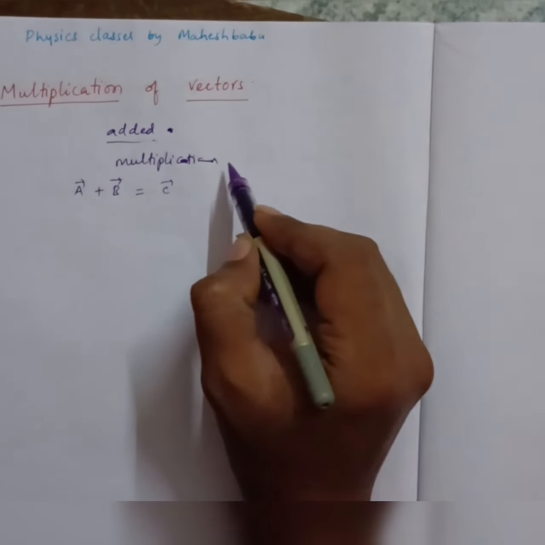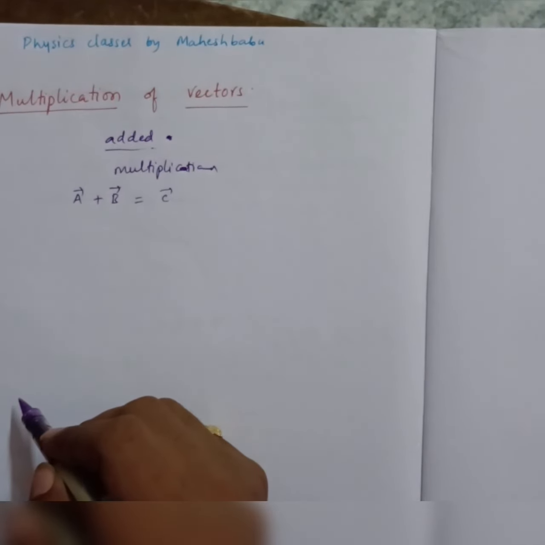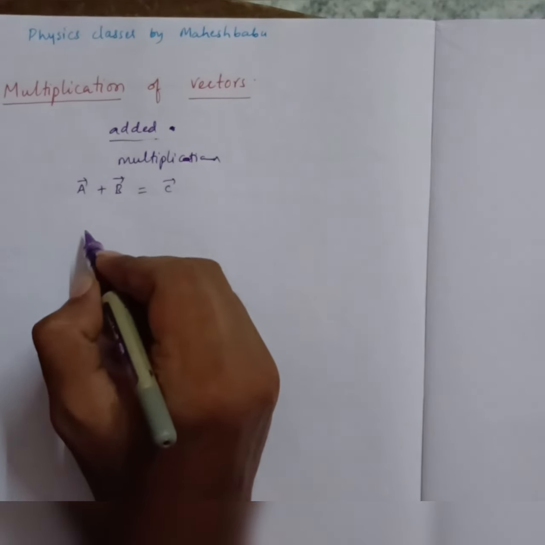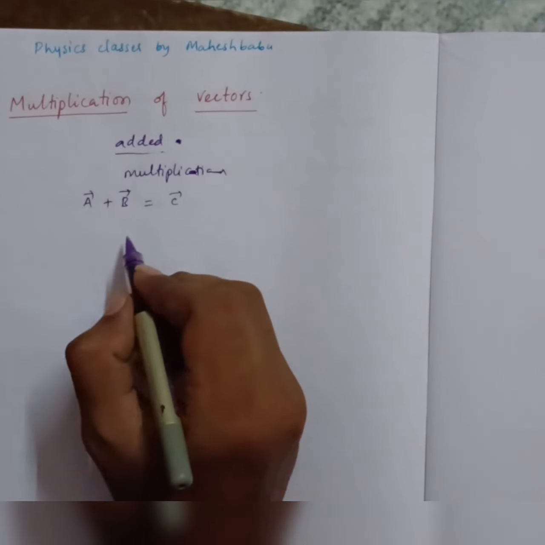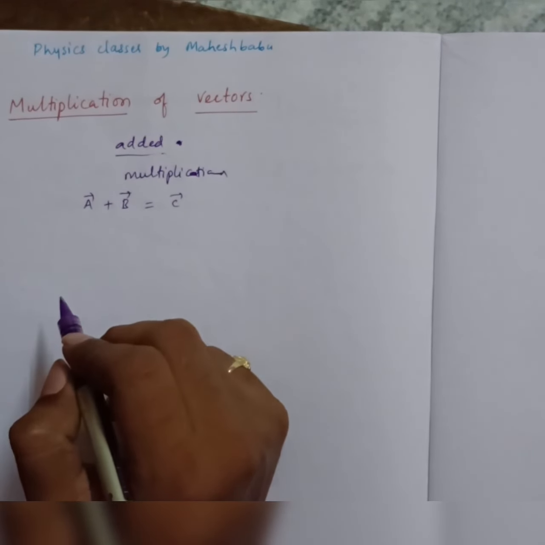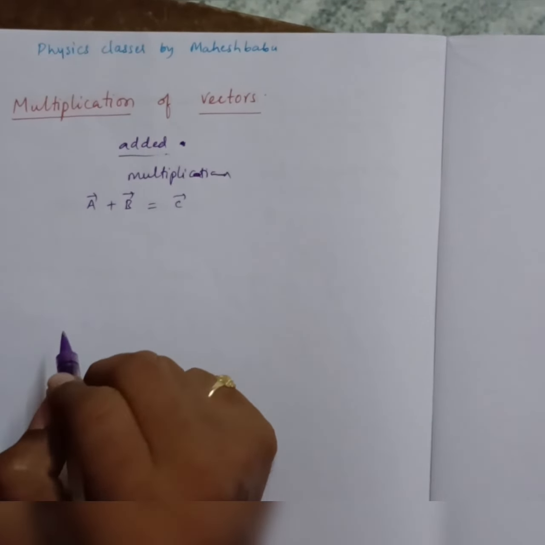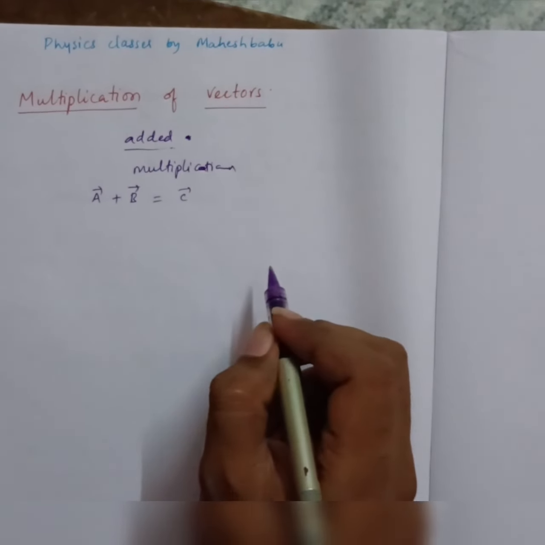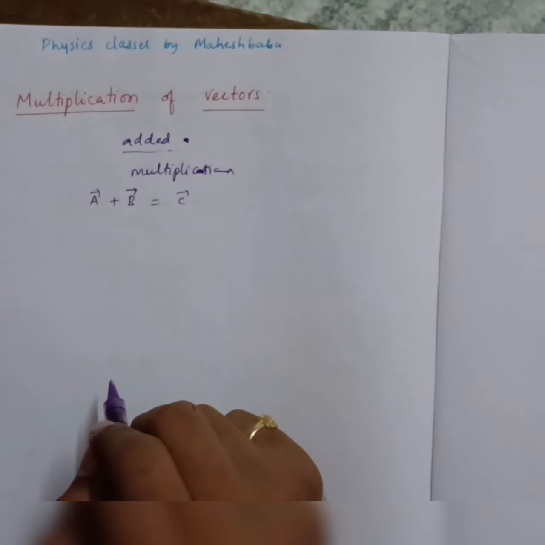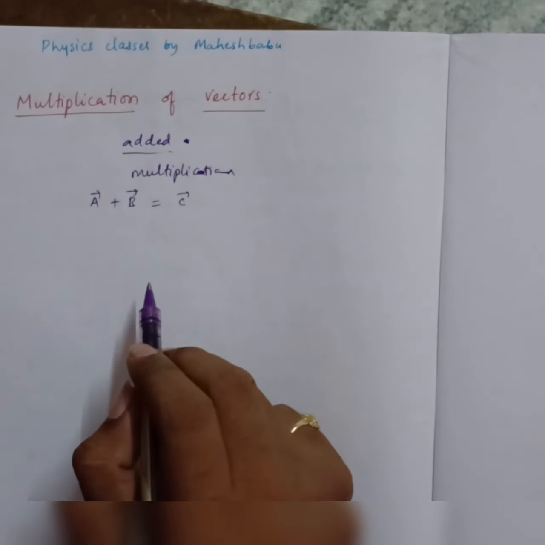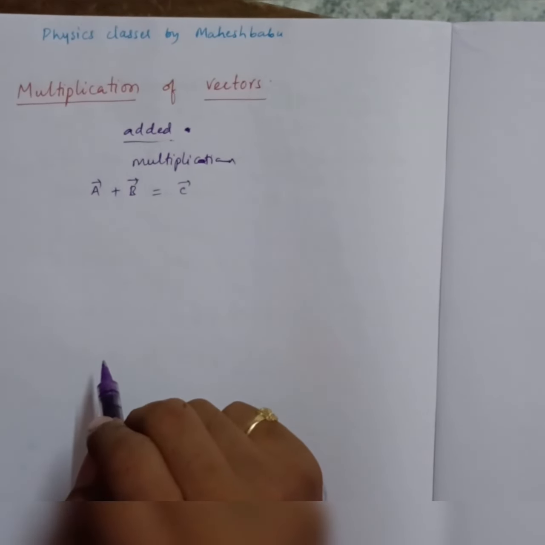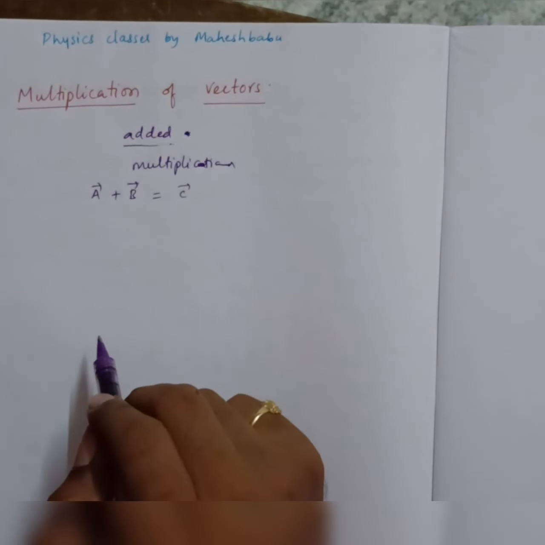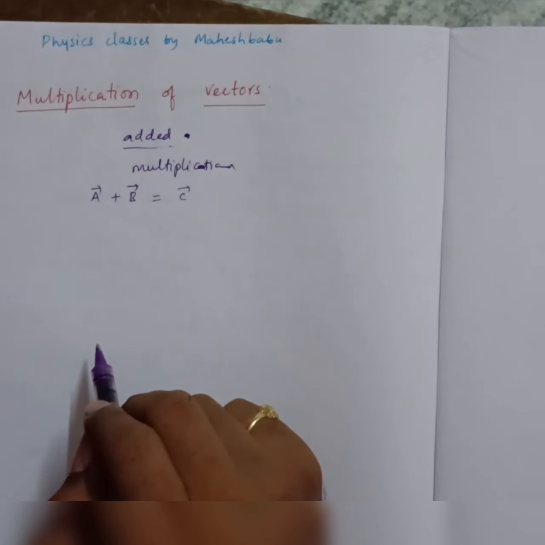But when a vector is multiplied with another vector, its result may be either a vector or a scalar. That depends on the physical quantities we have taken.